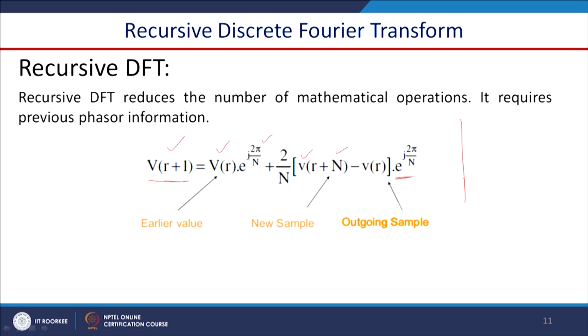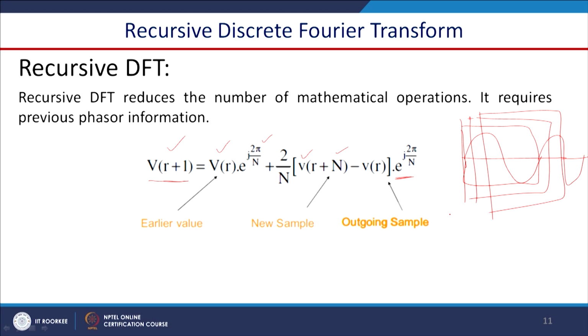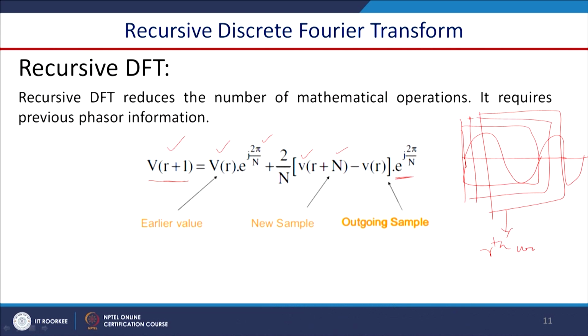If I have a signal, as we have already discussed in the previous slide, that this particular signal is moving ahead, and this is my first window and this is my second window. Arbitrarily, let us say I can start from any window for calculating my phasors. Let us say this is my rth window, that is the meaning of this small r.